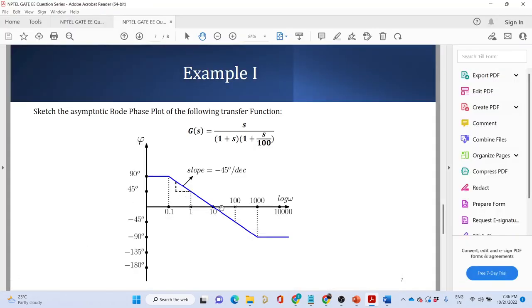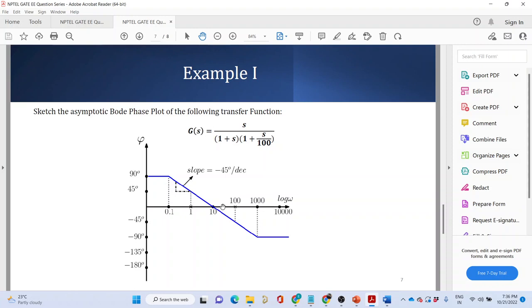Okay, so I am saying that, see, the effect of this pole is starting from 0.1 and it is lasting till 10, right? Yes. So if there is another pole, say very close to 10, say suppose at 20, as s is equal to minus 20, you have another pole.